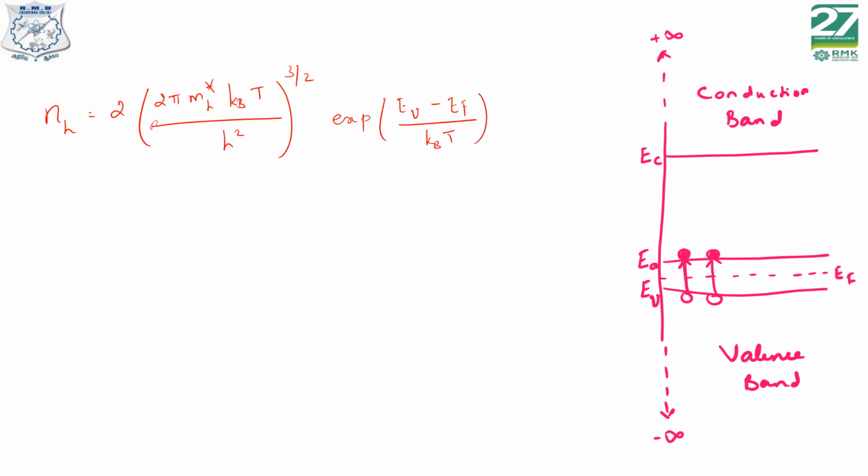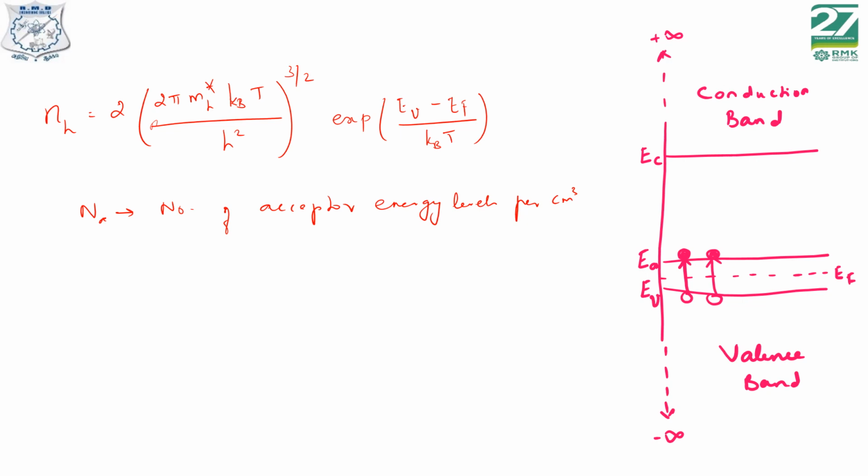Okay, so let me consider NA to be the number of acceptor energy levels per centimeter cube, which means per unit volume.